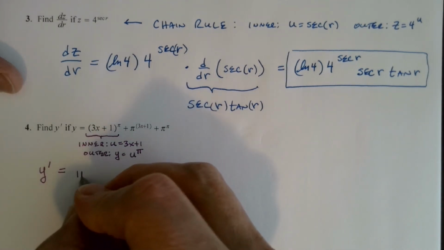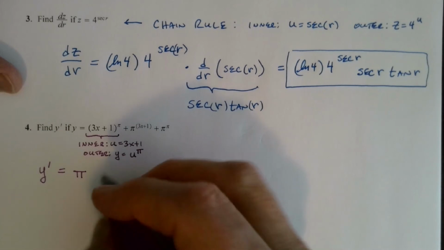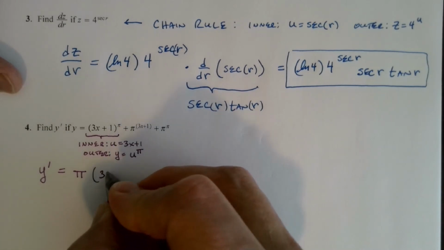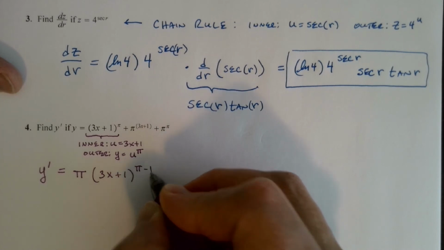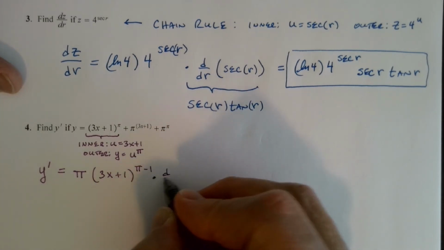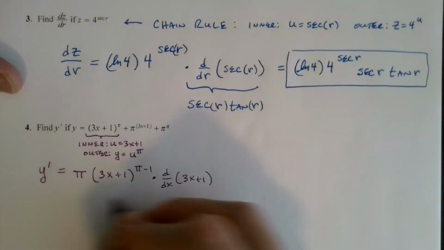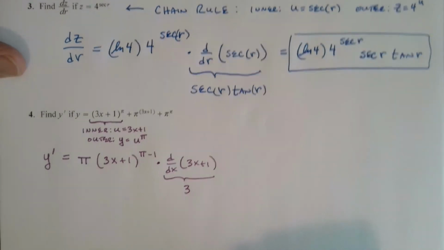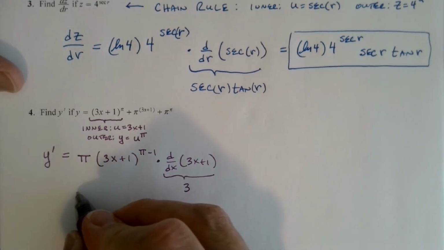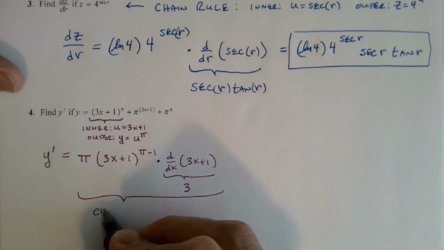This is power rule, since the base is variable and the exponent is fixed. 3x plus 1 to what? We subtract 1 from pi, pi minus 1, times the derivative with respect to x of 3x plus 1, the inner function. Of course, the derivative with respect to x of 3x plus 1 is just 3. So again, this right here, that was the chain rule.